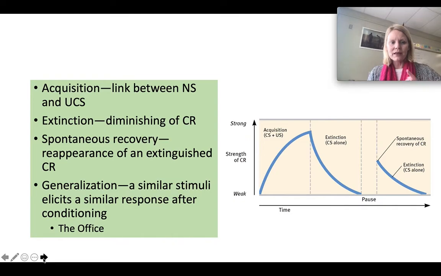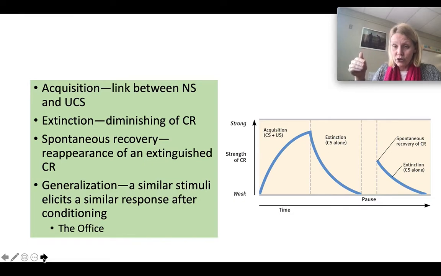And then we get to something called generalization. Now, you just heard the bell. This is a really good example. Let's say Pavlov had one of those little ringing type bells, but then switched it out for the bell we just heard, the ding, ding.